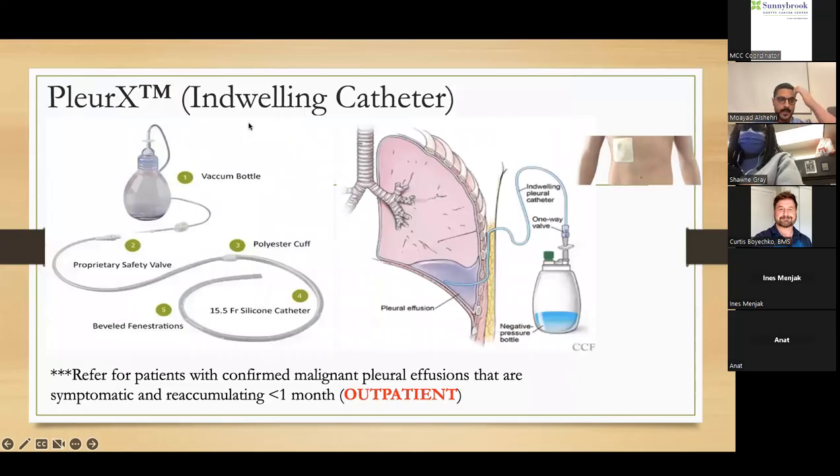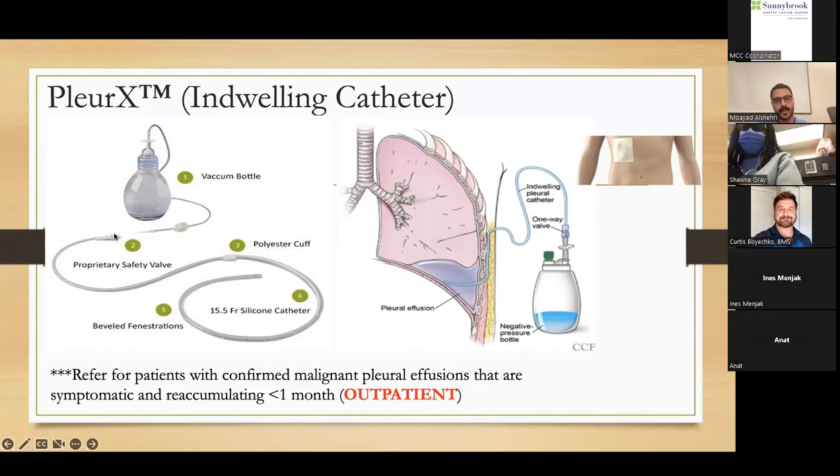So what is IPC or pleurex? It's a 15.5 French silicone catheter. As you can see, my arrow here, this is where the catheter goes in the chest. As you can see here, within the pleural effusion, and in the middle of the catheter, there is a polyester cuff. The role of this polyester cuff is to help with epithelialization or fixation of the catheter under the skin between the tunnel, between the entry site and the exit site.